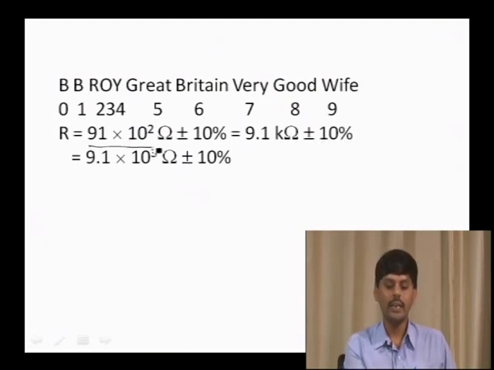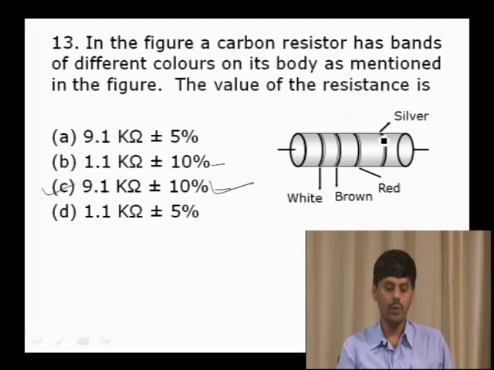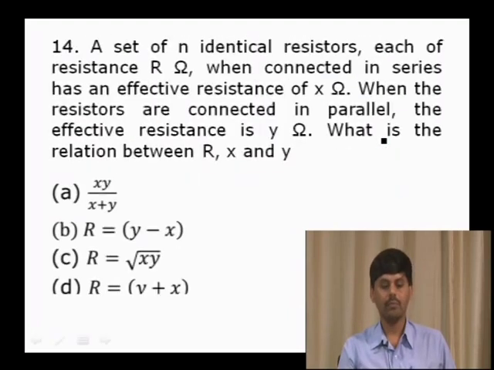The last band, silver, is plus or minus 10%. If you shift the value by placing a decimal point, it becomes 10 power 3. Therefore, 9.1 into 10 power 3 is nothing but 9.1 kilo ohm plus or minus 10%. This is the correct answer. Therefore, C is the correct answer.